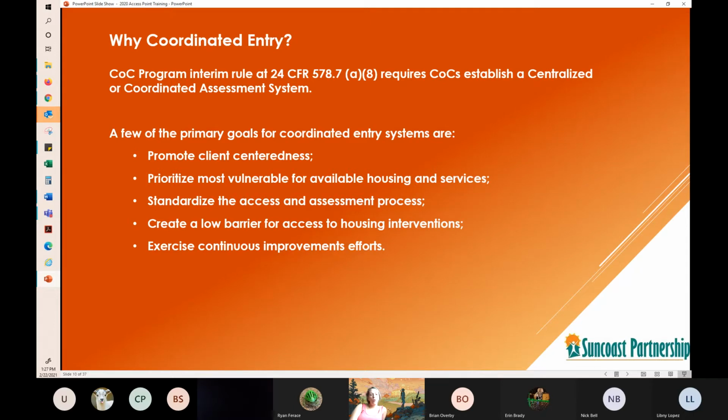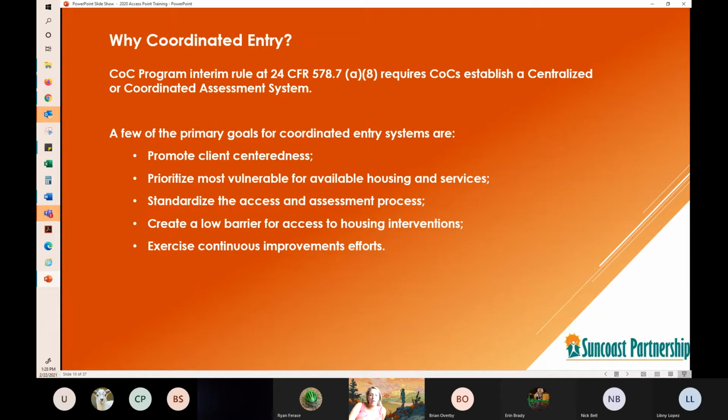The whole goal of having a coordinated entry system is to promote client-centeredness. Every client is different. Every story is different. Not all homelessness is the same, that is for sure. We want to prioritize the most vulnerable for available housing and services.